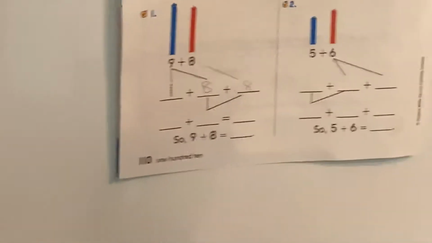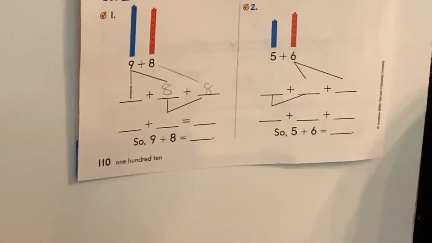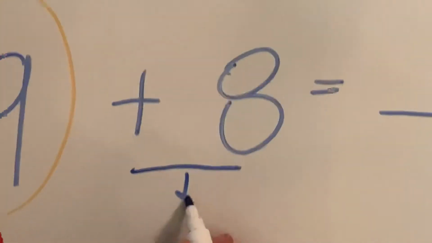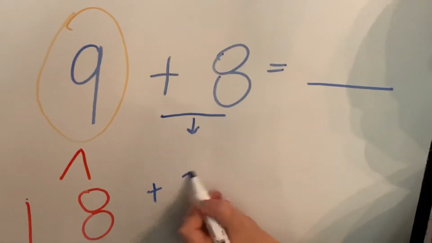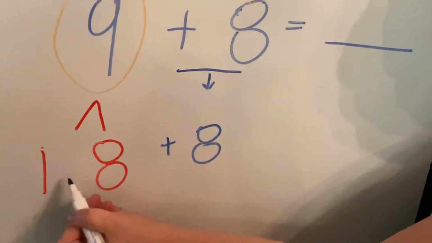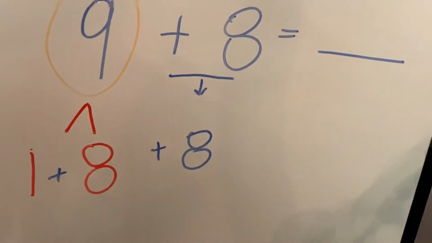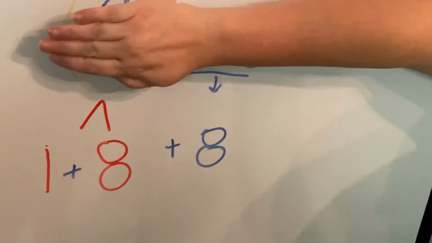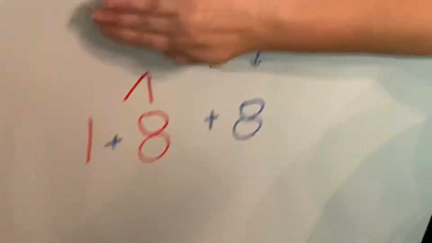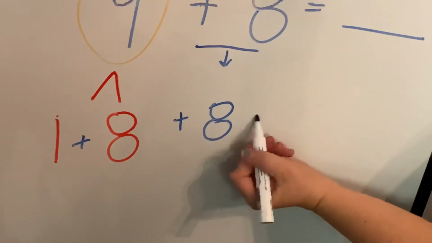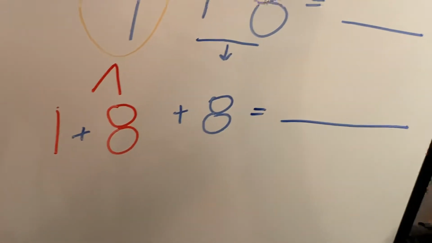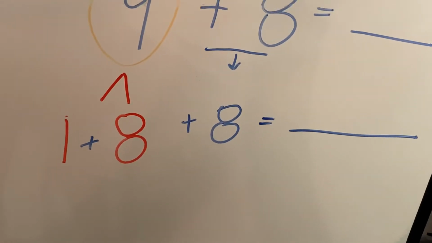It's going to look a little crazy, I know. So these 2 are going to come down. So the real equation that I'm looking at looks like that. 1 plus 8 equals blank. Okay?